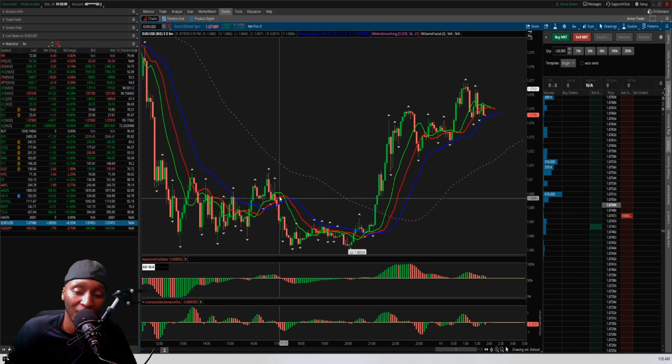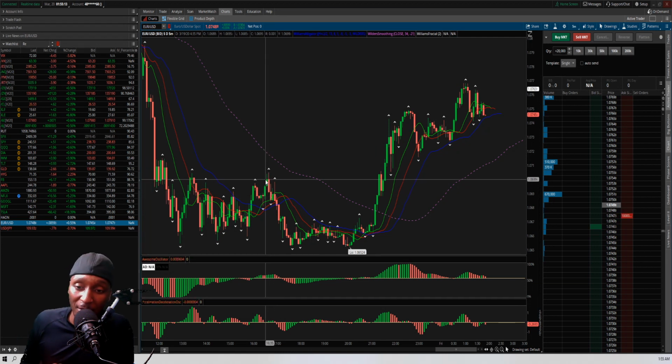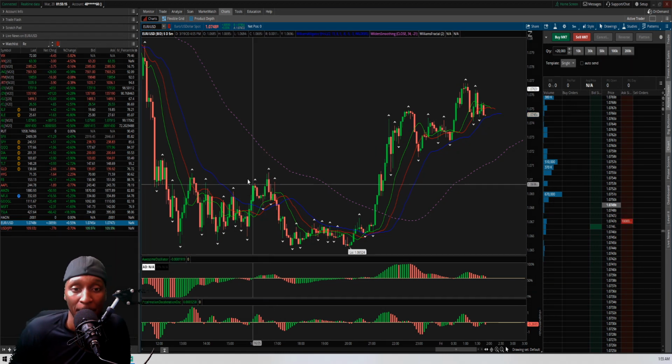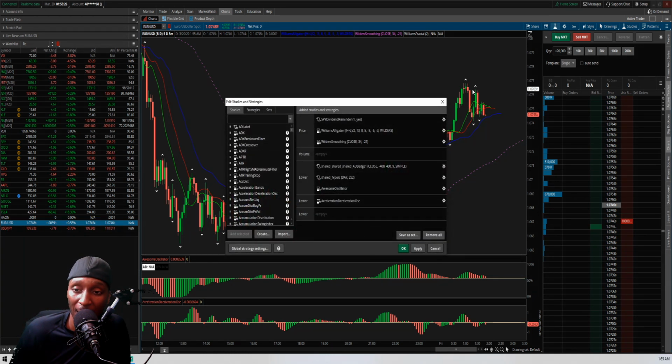To get back to the alligator setup, the trading strategy that I use to scalp, these three moving averages make up the alligator. I'm on the Thinkorswim platform. You click this little flask right here and you can see my setup.